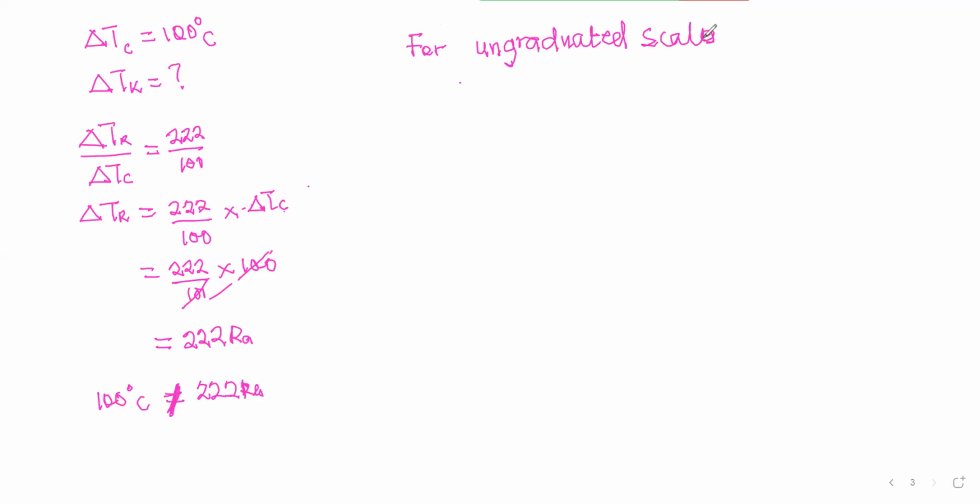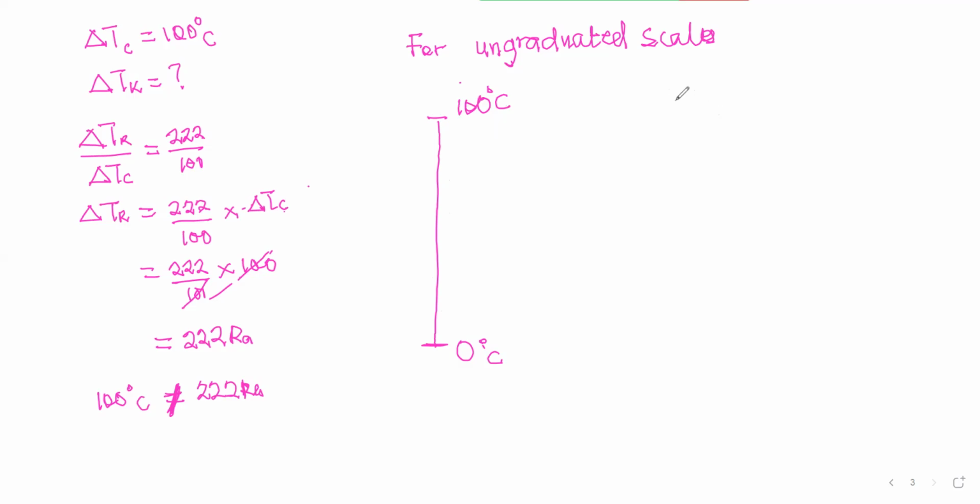For graduated scales, we are only considering the situation where we have maybe one scale, Celsius scale, 0 degrees Celsius, 100 degrees Celsius, and we just saw that this is also known as the centigrade because this fundamental interval is divided into 100 equal parts.